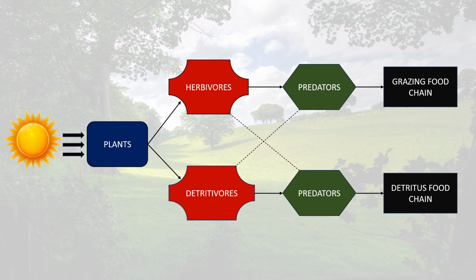And this shows the detritus food chain. But there can be interlinking also, because the herbivores are also eaten by predators, and the detritivores are also eaten by predators. So the predators form the connecting link between both the chains.